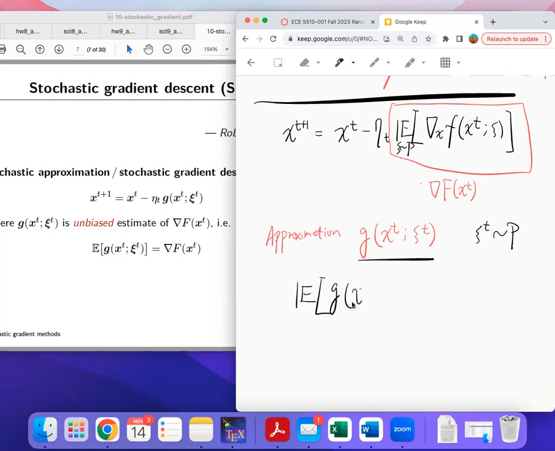Basically, the expectation of this stochastic estimator is equal to the gradient of capital F. At least in expectation, our estimator is exactly what we want.